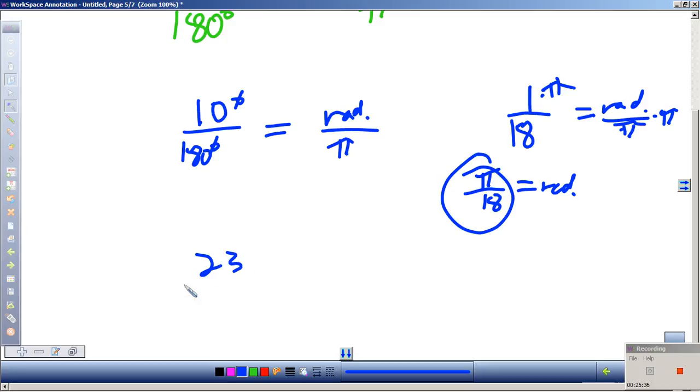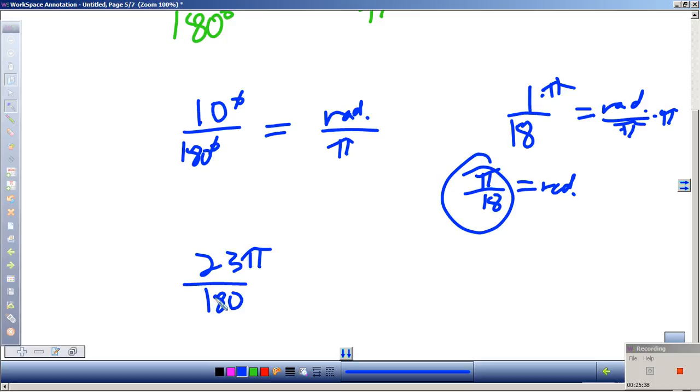Yeah, 23 over 180, you can't simplify that further. So 23 pi over 180.